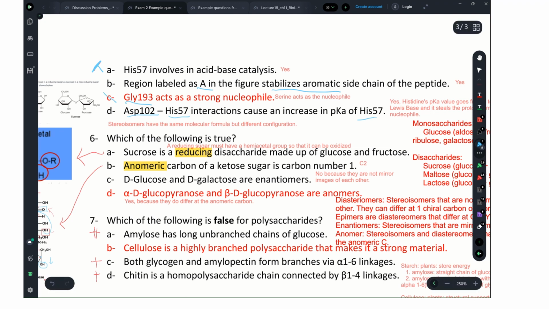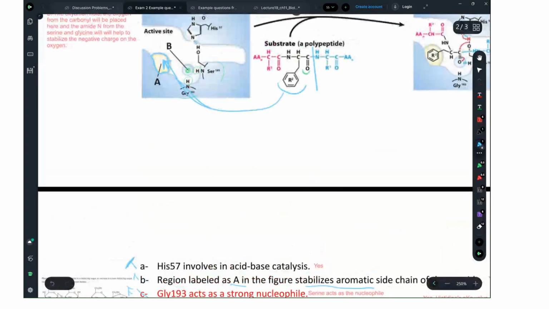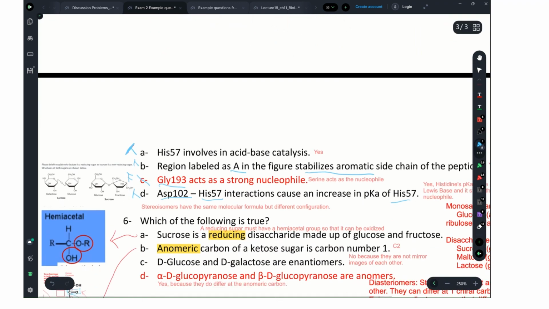So this is false. Because we just talked about what glycine does, and it actually helps to stabilize that. So they're talking about this glycine. The hydrogen stabilizes that oxygen that's going to have a negative charge, and the nucleophile is serine, not glycine.